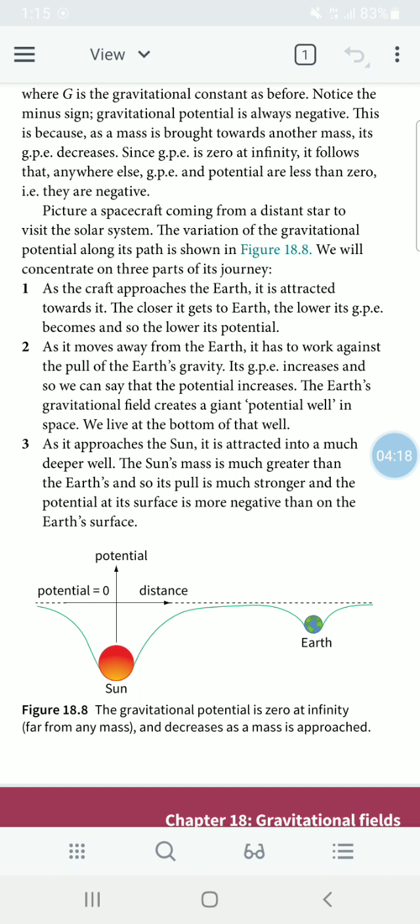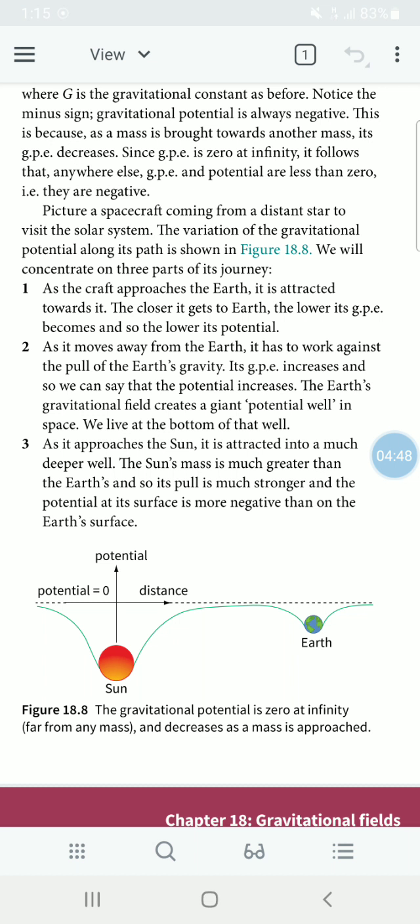The closer it gets to the Earth, the lower its GPE, so the lower is its potential. As it moves away from Earth's gravity, it has to work against our gravity, so its GPE increases. As a result, the potential increases.